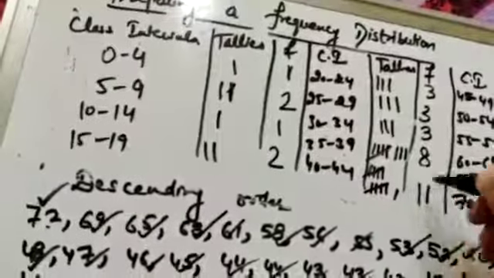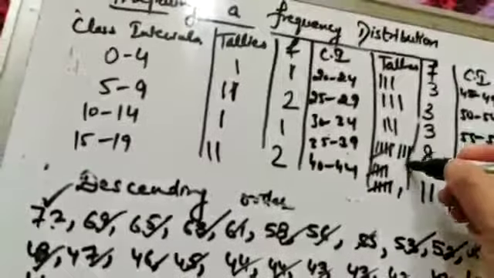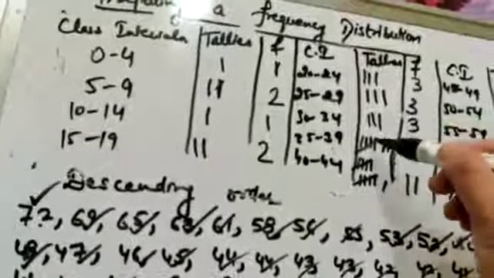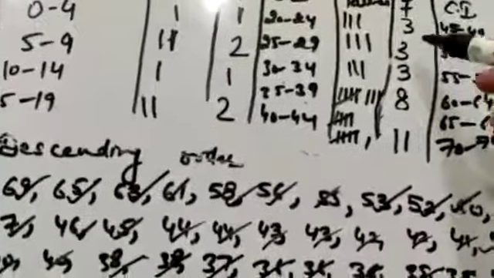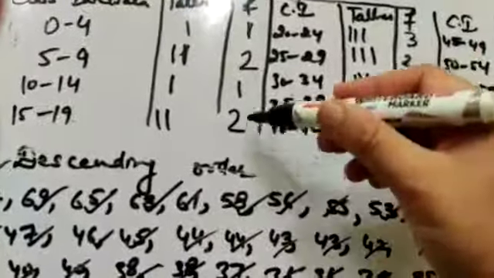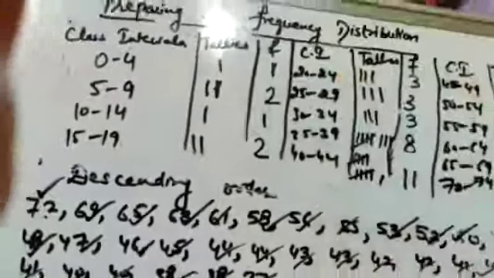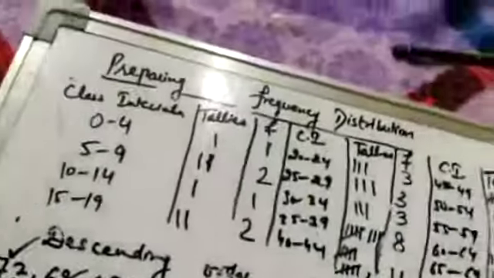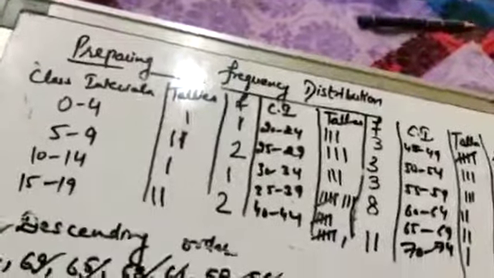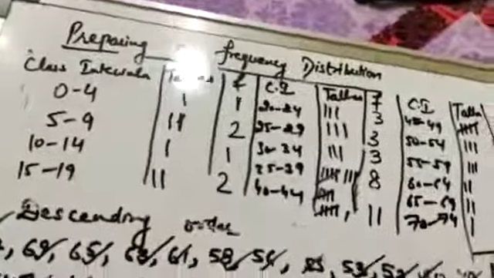Here is 11, sorry, because of less space I have written here. 5 plus 3, 8. After 11 is 8. Then 3, 3, 3, 2, 1, 2, 1. So if you calculate n, that is sigma f, it will come up 50. So our answer will be 50.